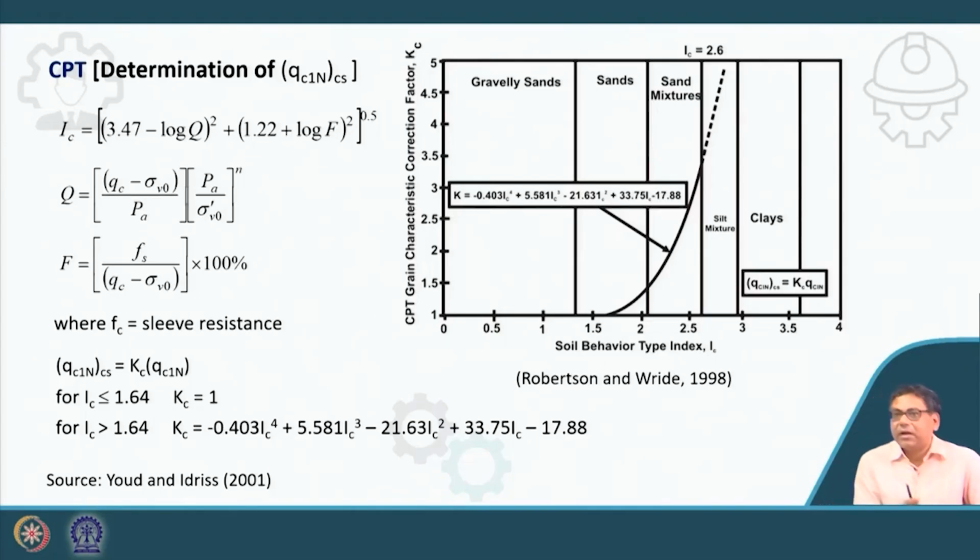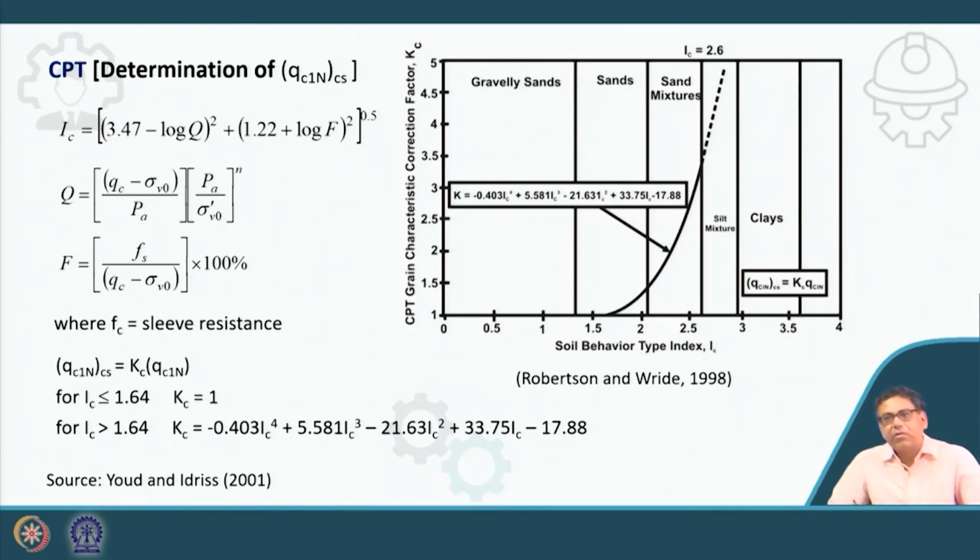But as I mentioned, we are now talking about the liquefaction resistance of sand, so how we will take care of that I will discuss. Right now you calculate the IC, and if the IC is less than or equal to 1.64, Kc is 1, that means a clean sand.